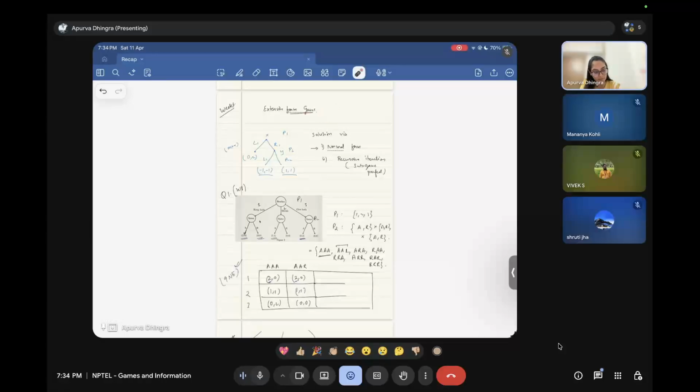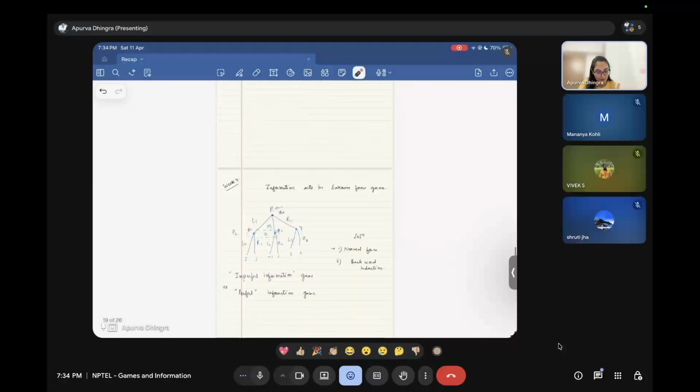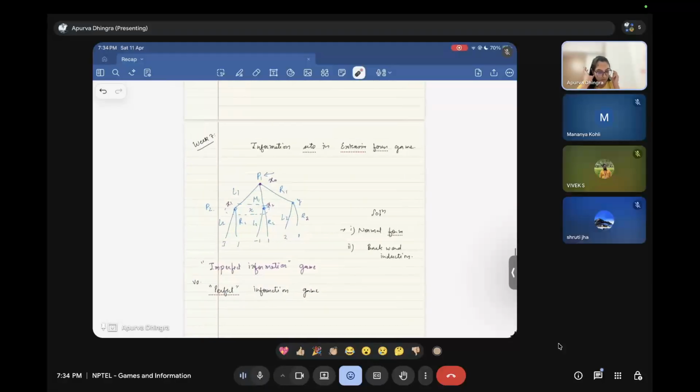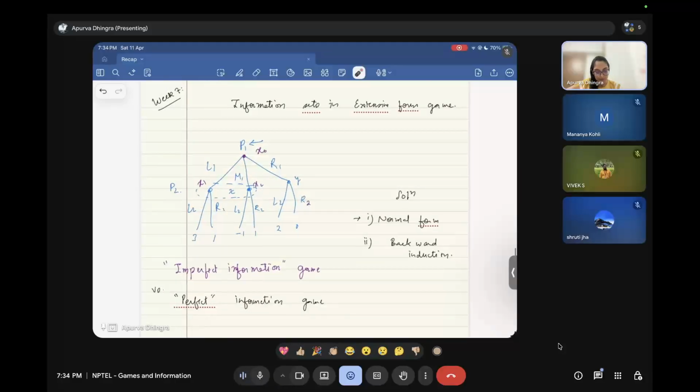form games, and these were simple extensive form games, meaning there were no information sets or anything, just straightforward things. After that, in the next week, we started talking about information sets. Information set basically means that a player, for example player 2 here, will not be able to distinguish between which node he's at, whether he's at this node or this node, meaning he could not see what action was played by player 1 over here.